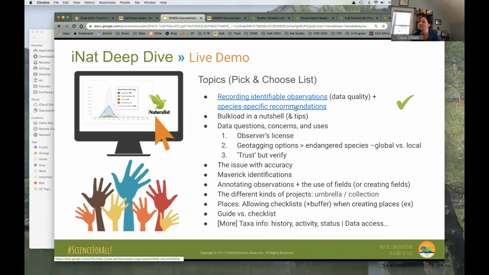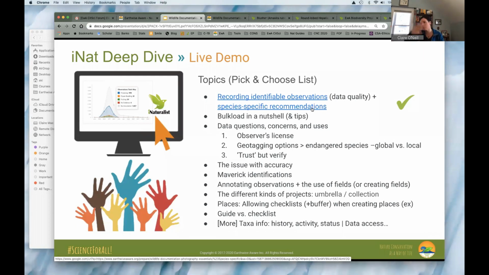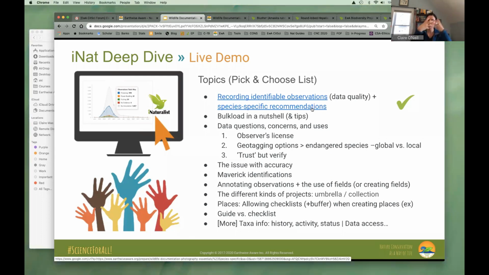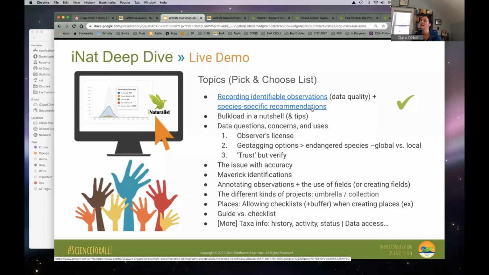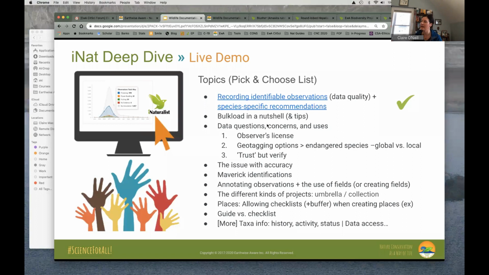Species specific recommendations depend on what you are looking at: for a mushroom, you want to have the corolla, if it's this kind of mushroom versus bracket fungi. If you have an insect, try to have facial markings of the face, the dorsal, etc. You have the resource now. I'm definitely going to tackle the bulk load in a nutshell, because there's so much that can be said and I can give you some tips there.